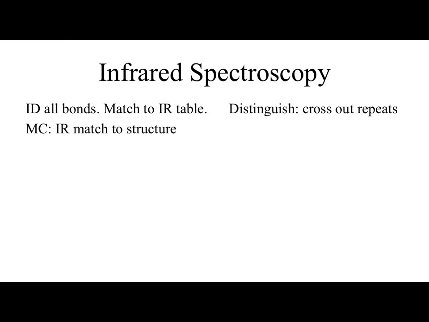Once you've got the general bond types shown in the IR, look at all the structures, and again, it's just matching. Match to the one that matches all of the IR peaks. If it doesn't match, that's not your answer. Cross it out. Okay? Make sense?